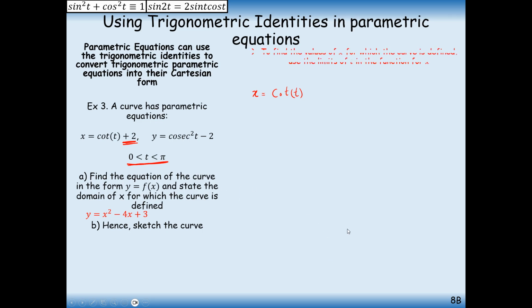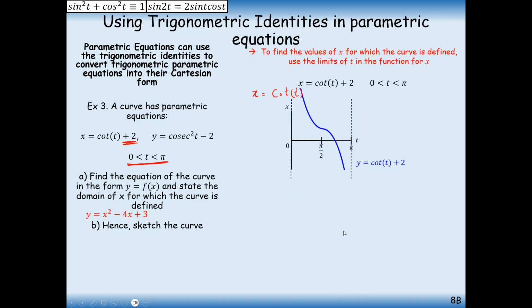So let's look at the graph of cotan here. The range of x values will be entirely from minus infinity to positive infinity, because the x is on the y-axis here.